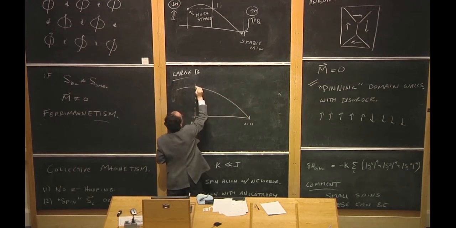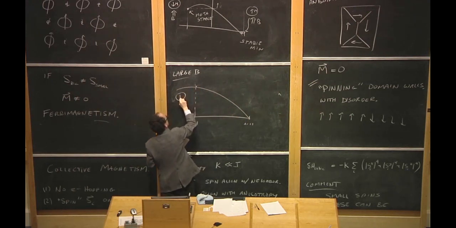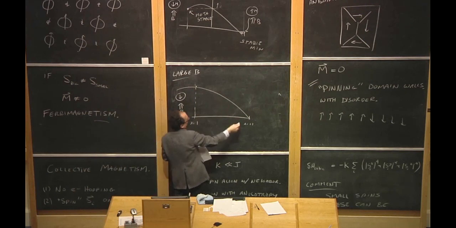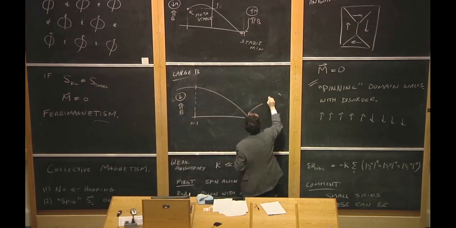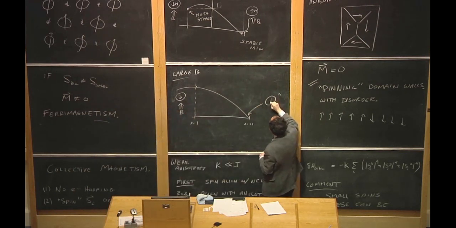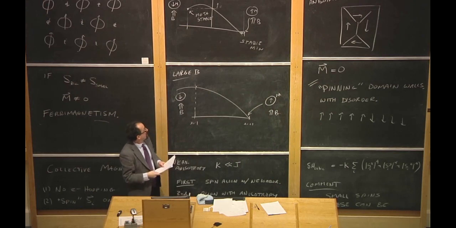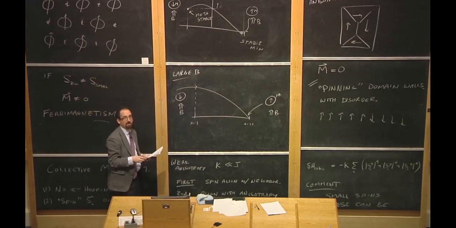And so this point here, with the magnetization pointing in the opposite direction of the magnetic field, is now unstable. Whereas this point over here is the only stable point with the magnetization pointing the same direction as the magnetic field. Okay? So if the magnetic field is turned up enough, then you can flip over all of the magnetizations to point in the direction of the magnetic field. Is that clear how that works?